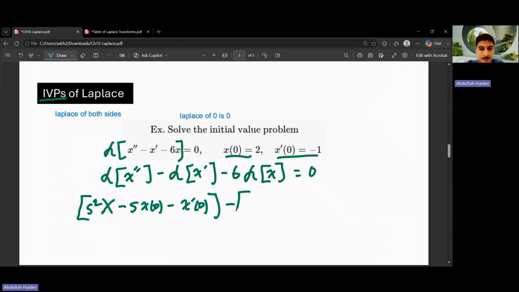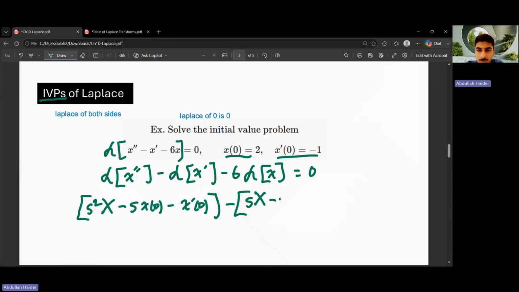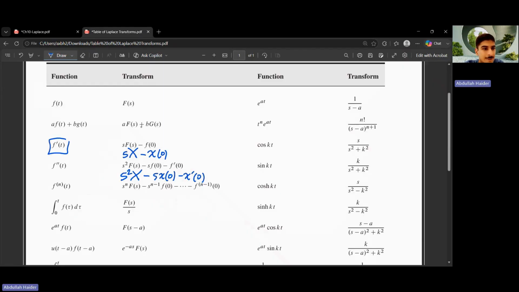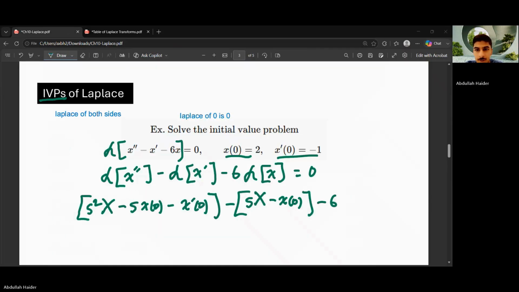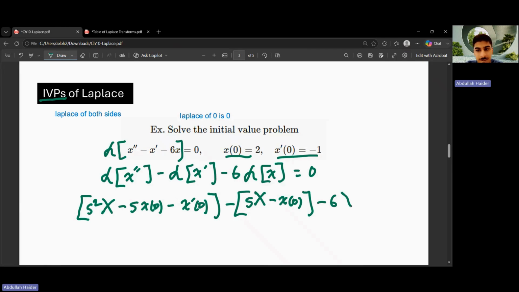So then again, you do it like this: s big X minus small x of 0 minus small x of 0. And the Laplace of x, in this case capital F of s, means you'll have a big X here, is equal to 0.